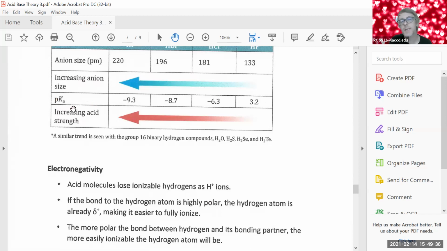Remember, pKa is inversely proportional to Ka, so as the pKa gets smaller, the Ka gets larger, shifted farther right, etc. All those interchangeable ideas are saying the same thing in different ways.